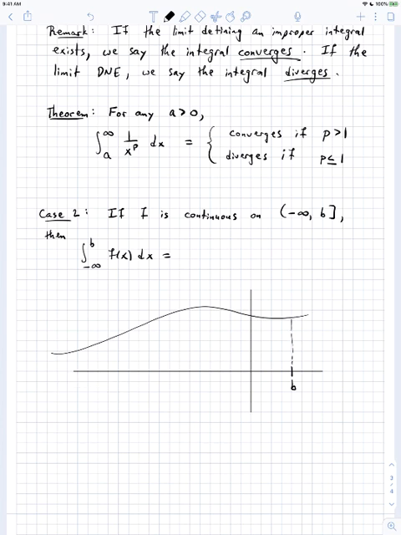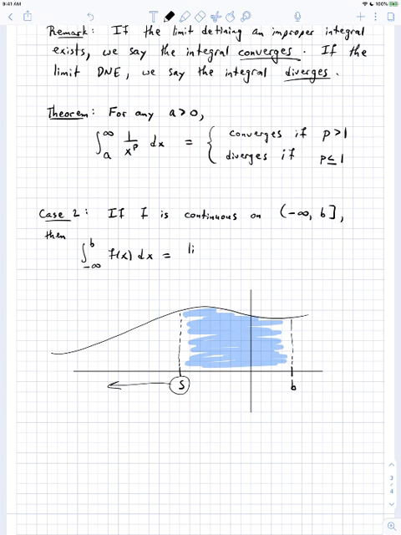So what are we going to do? You're going to pick some number which you're going to call s, and then you're going to compute the definite integral between s and b, and that's going to be something you can use the fundamental theorem of calculus to compute, and then you're going to send s off to negative infinity.